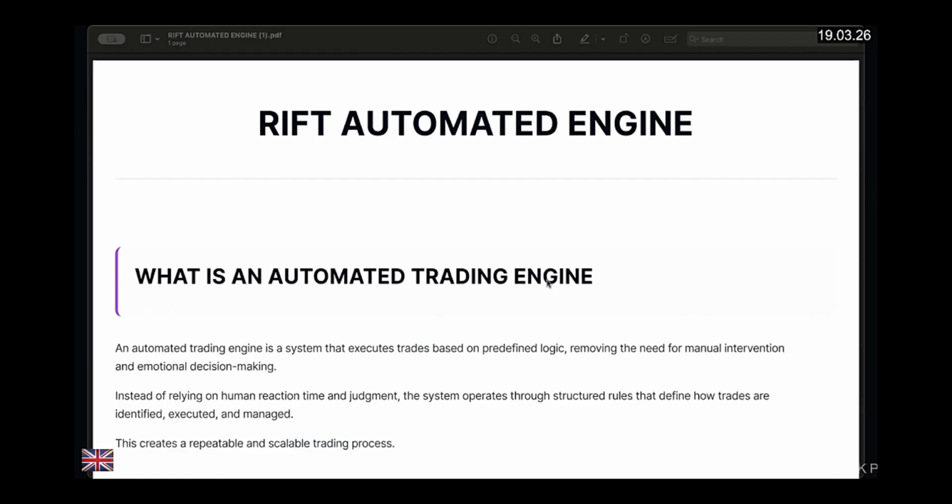So if the rules are predefined and the system reacts instantly, then there is speed, there is discipline, and there is repeatability of actions which can bring you profit. And that's how we built the automated trading engine on these lines. It's just about fixing the weakness of humans to act and react and choose whatever is right for them.